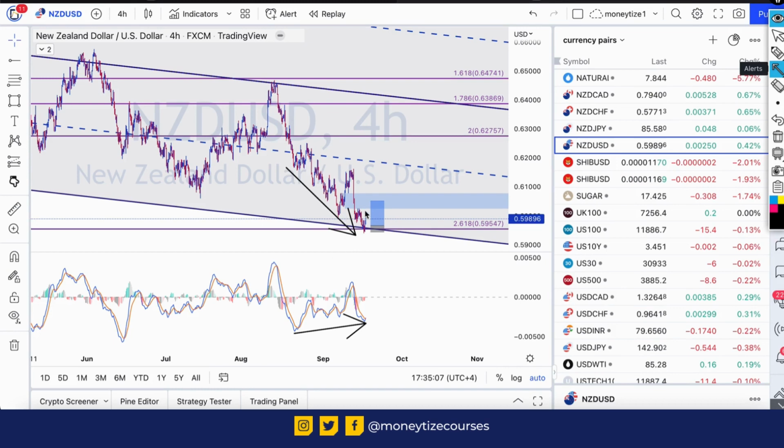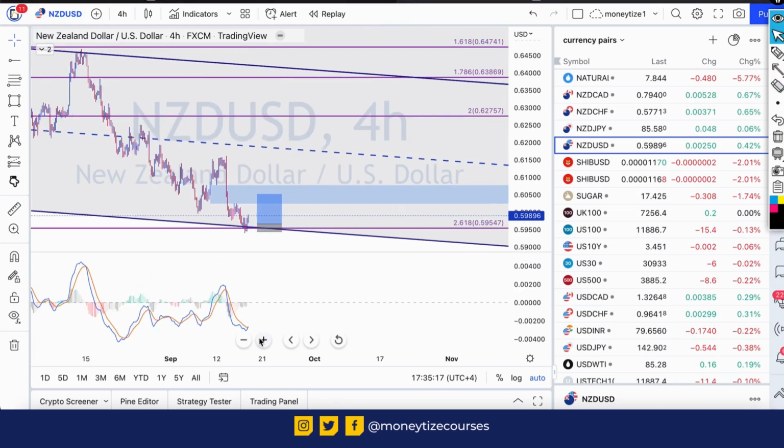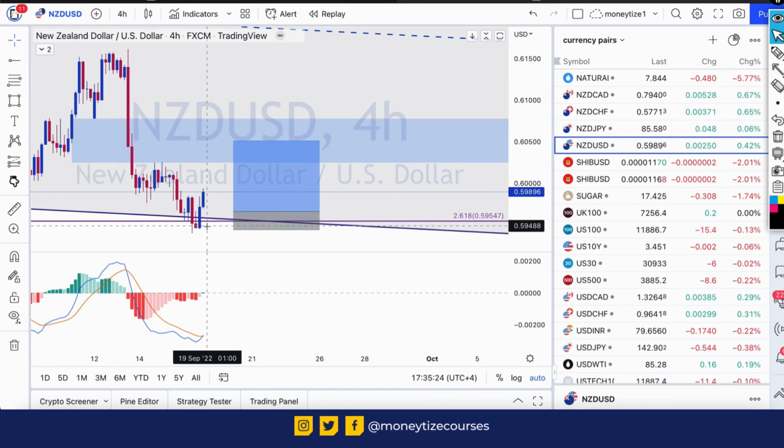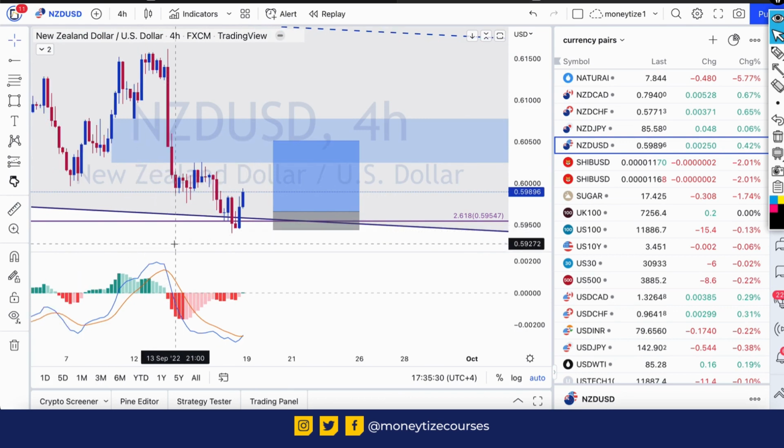And as I've said, we are at the bottom of the channel, and fib extension 2.618 level, we can look to capture the short-term bias from here. I can also see a fake break of this area, fake break to the downside, and then a quick bounce up, which is a good scenario for the short-term bias.